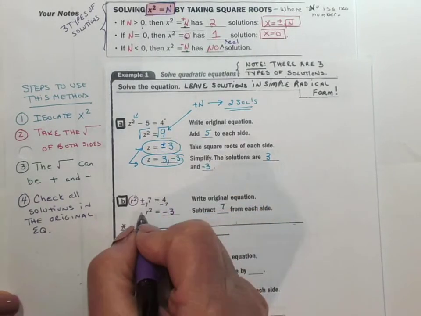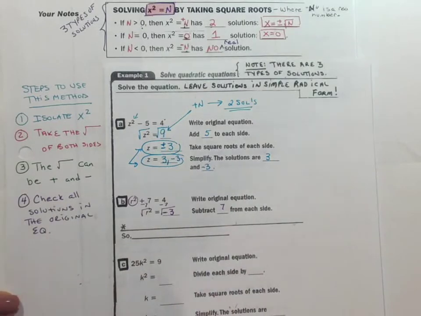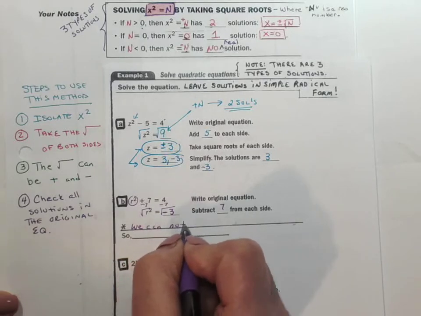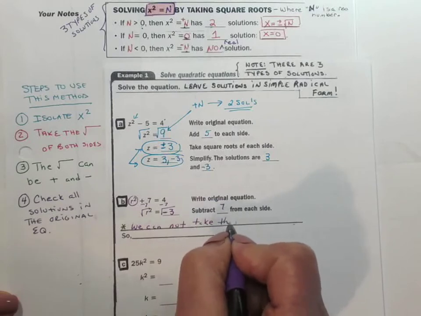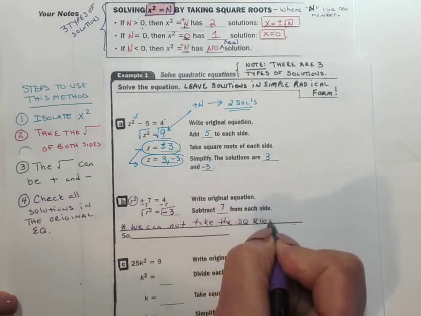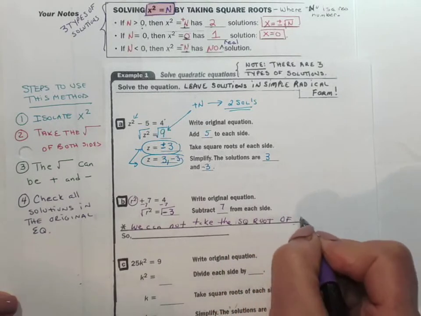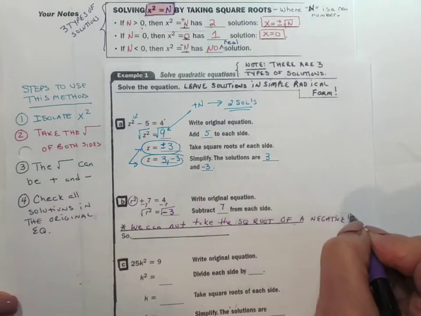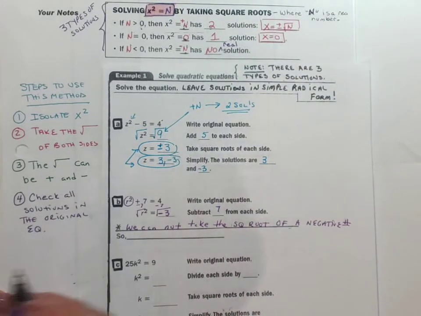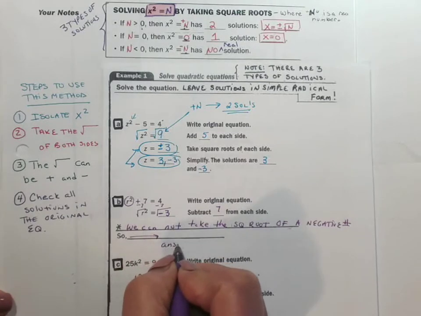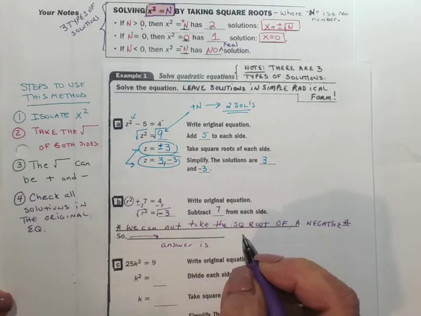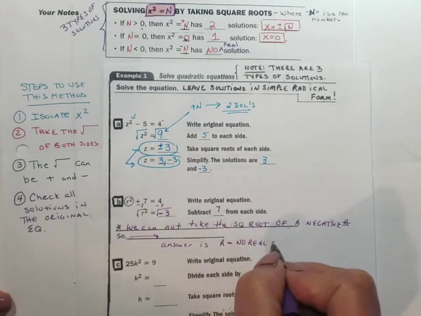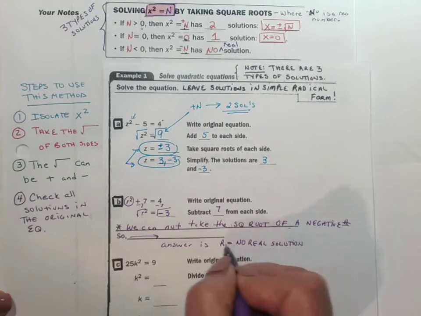So when we take the square root of both sides, since we cannot take the square root of a negative number, our answer is r equals no real solution.